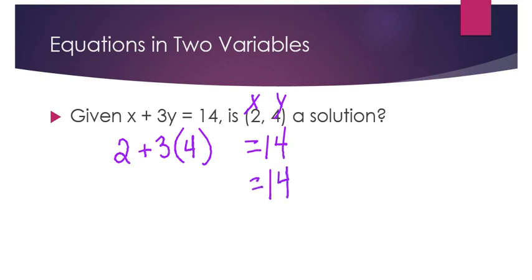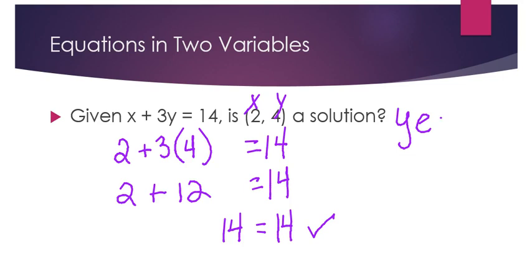So the 2 isn't multiplied by anything, it stays the same. 3 times 4 is 12. So 2 plus 12 is 14. 14 does equal 14, that checks out. So yes, it is a solution.